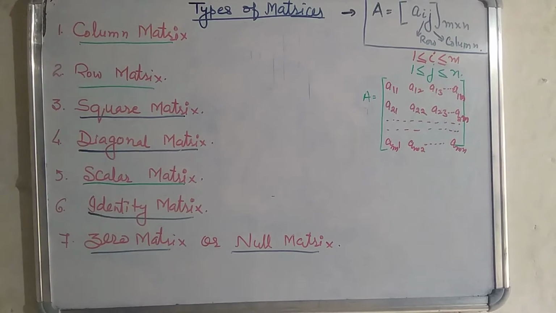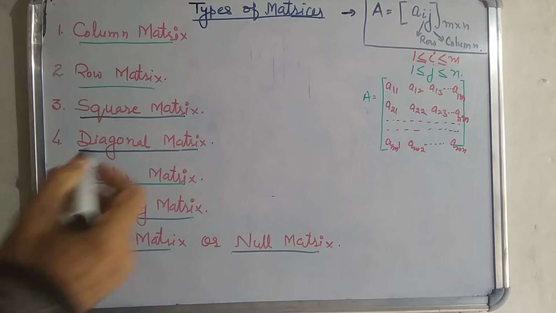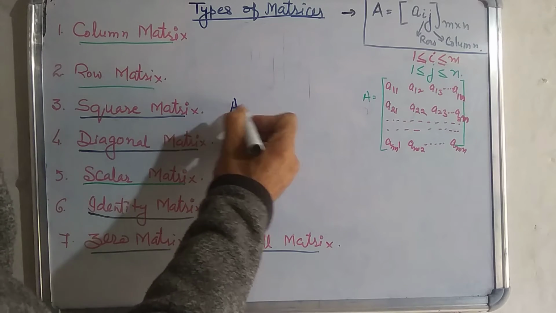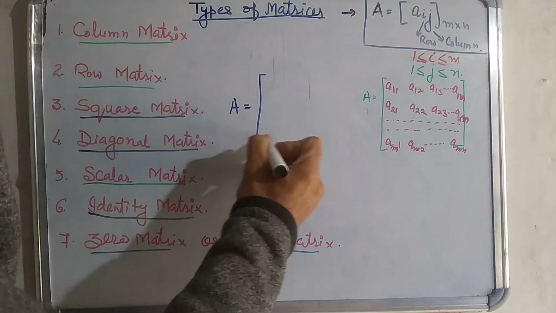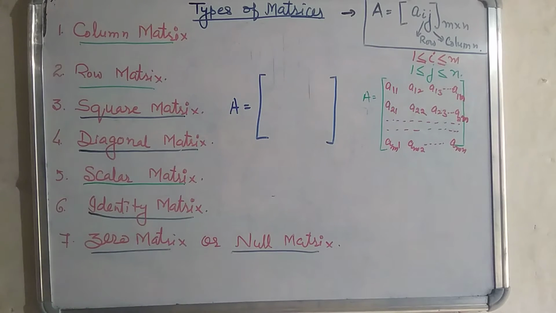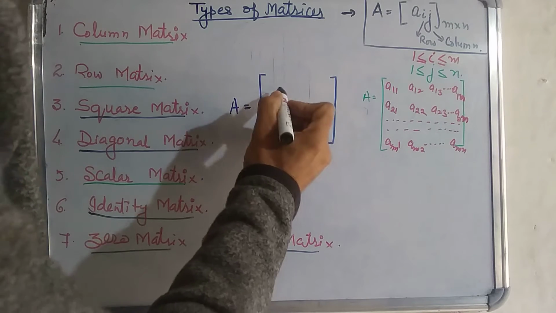Now third type is square matrix. A square matrix is a matrix in which rows and columns are equal. The number of rows is equal to the number of columns. The matrix is said to be a square matrix.